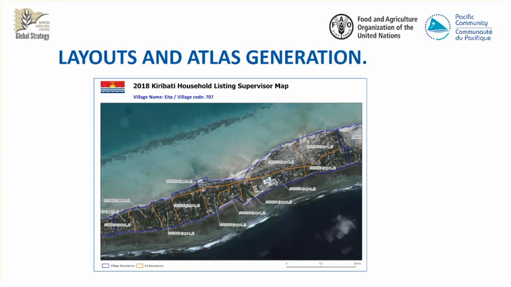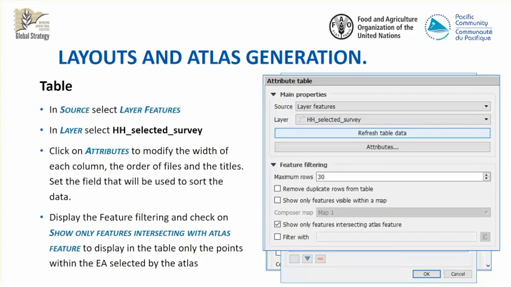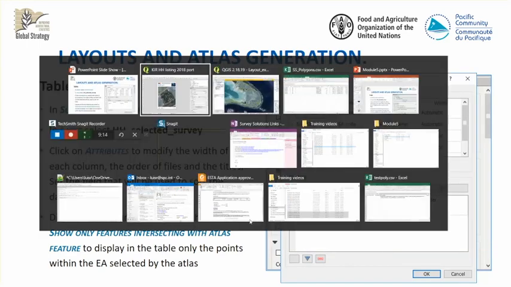For example, for planning purposes, these types of maps are very useful because they help the people who are planning the transport, the logistics, the work plan. If they can locate where the enumeration areas are, it's better. We are providing spatial information and helping them to better plan resources, work plans, etc.